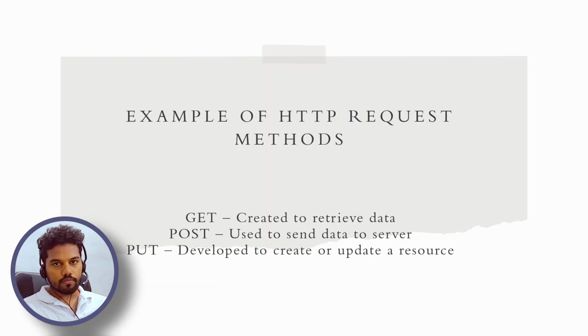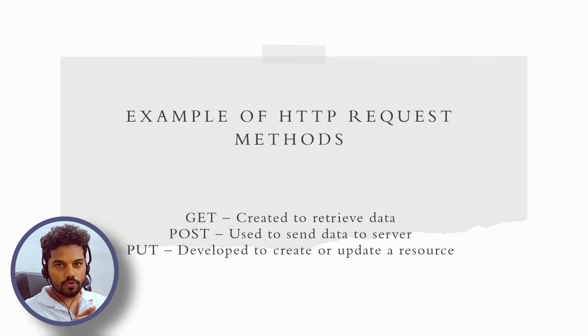Before building the web server's core logic, we need to understand how a request looks. We need an idea of how the application works so that we can build it. In order to build the web server, we'll be focusing primarily on three things: first the GET request, second the POST request, third the PUT request.